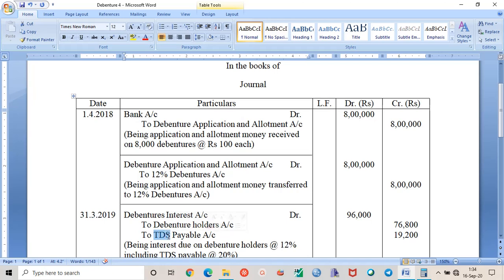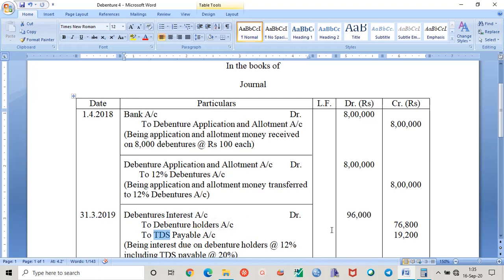Now this tax deducted at source is 20%. You have to depend upon the question for this rate. It can be 20%, 18%, 22%, 25%, so it will be mentioned there. The TDS calculated here is 20%.